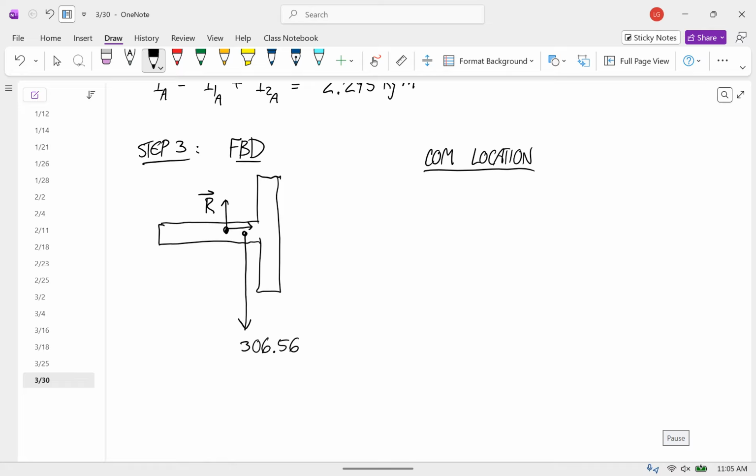Okay, I'm going to do it with a coordinate system. Well, where am I going to put my coordinate system?